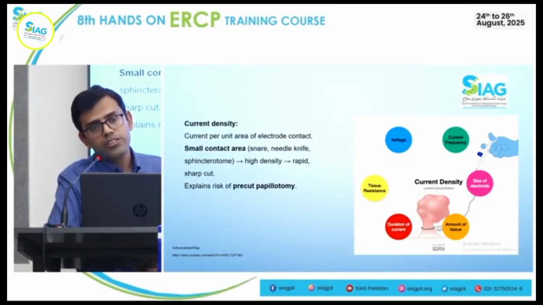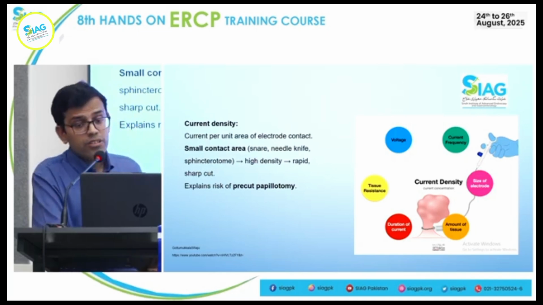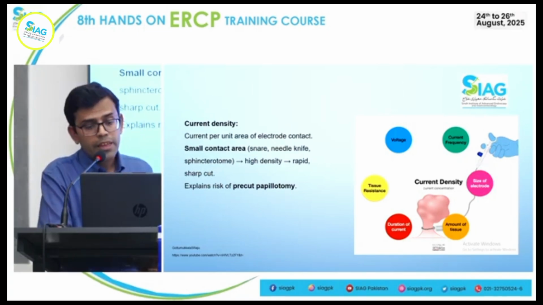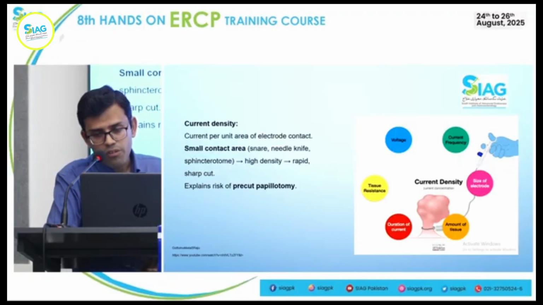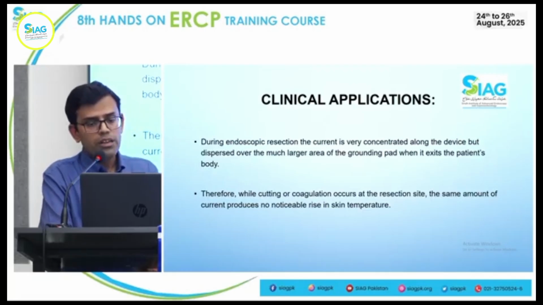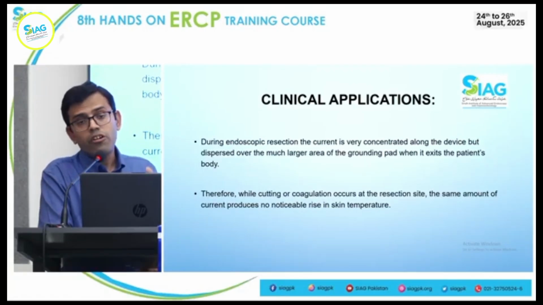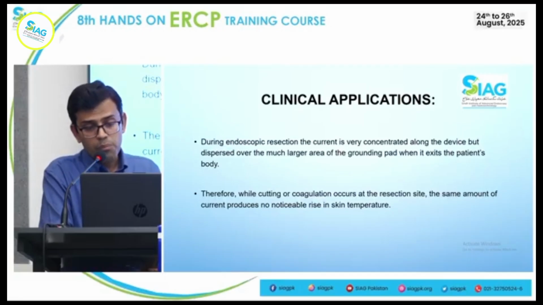There are different factors that define current density. Obviously, the voltage, the size of the electrode, the resistance in the tissue. This is very important. And obviously, the duration of current. As I just mentioned, if there is a small electrode or small device like a needle knife, the current will be concentrated at a very small point.